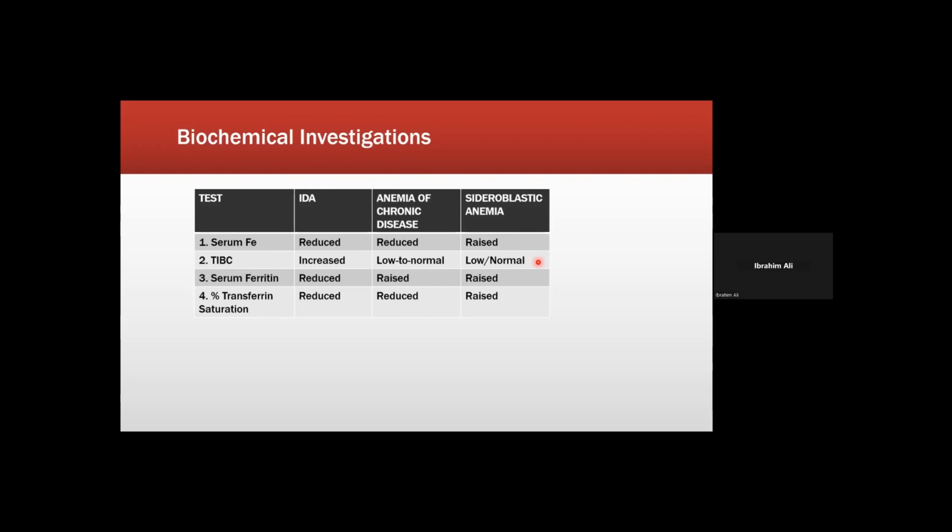So for anemia of chronic disease, serum iron will be reduced, and then TIBC can be low or normal. As for ferritin, as I told you, the storage in the bone marrow will be higher, but in circulation, which is serum iron, it is low. And also transferrin saturation is reduced.